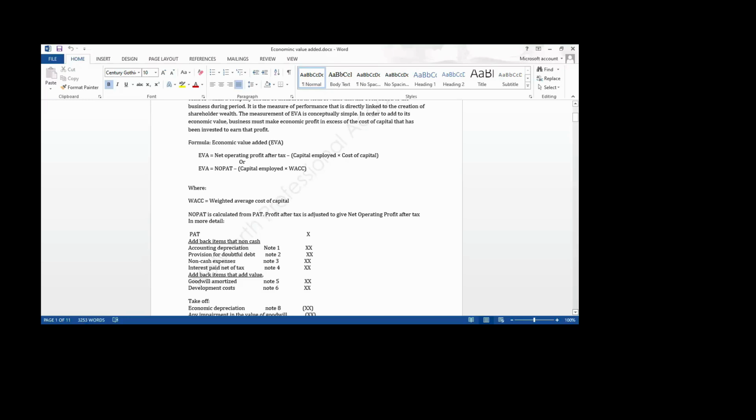Your economic profit after tax is represented by net operating profit after tax. These adjustments are numerous. However, you are going to be guided by the concept of EVA.